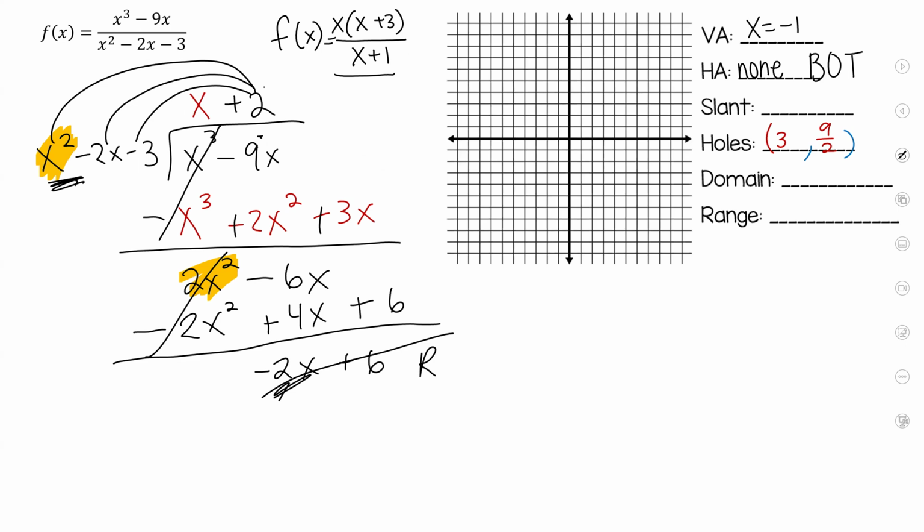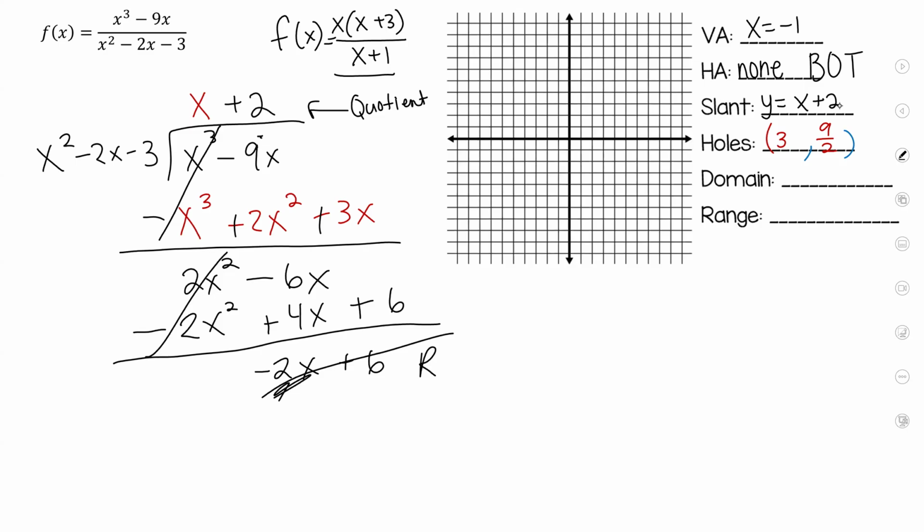This right here is your quotient. That is the equation of your slant asymptote. So for slant asymptote, I'm going to put y equals, and my quotient is x plus 2. Okay, and I got that from up here. This is the quotient, x plus 2.